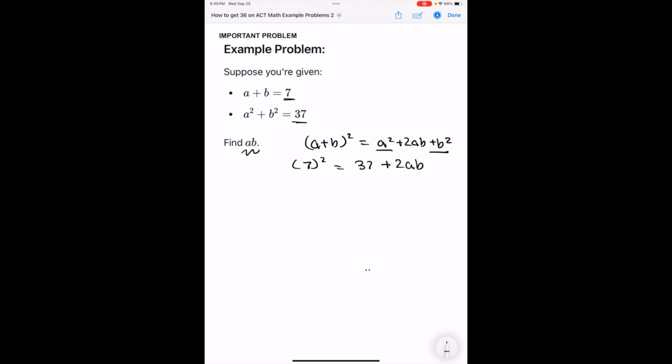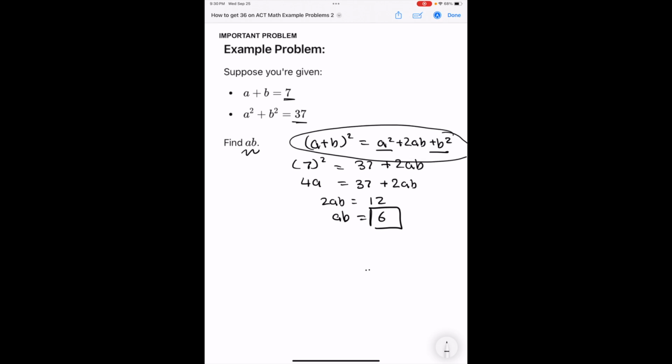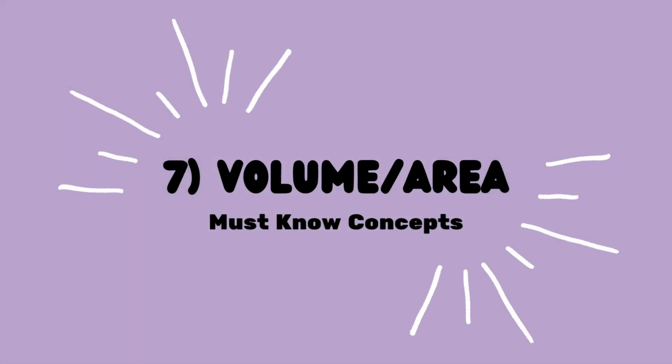And now let's solve this. So 7 squared is equal to 49. This is equal to 37 plus 2ab. So 2ab is equal to 49 minus 37, which is 12. So ab will equal 6, and that is your answer. So it is this simple. We just have to remember this formula right here, and we can solve the problem.